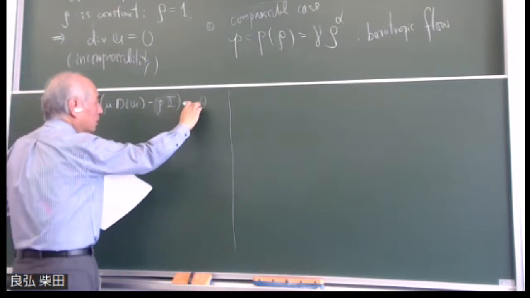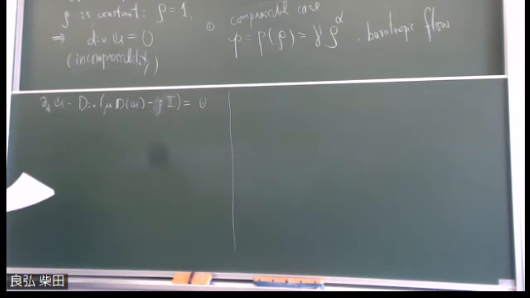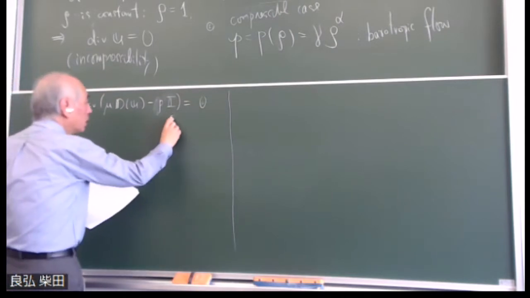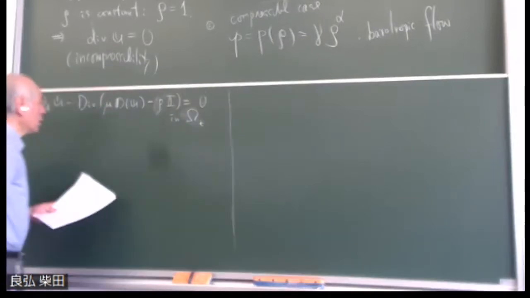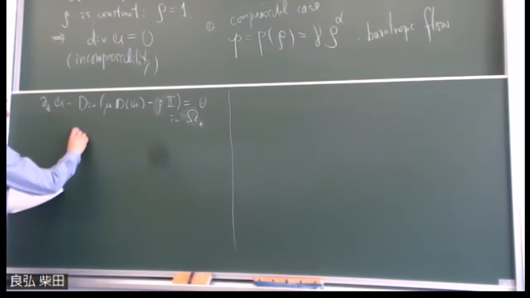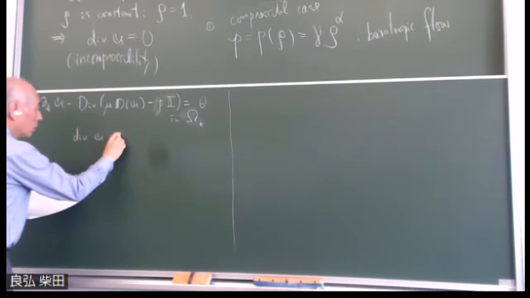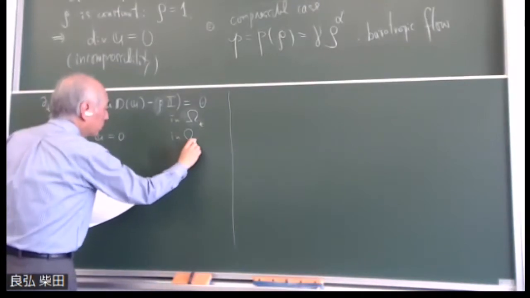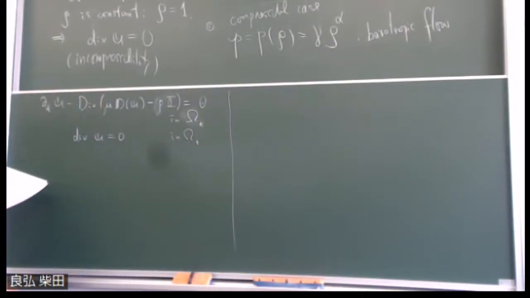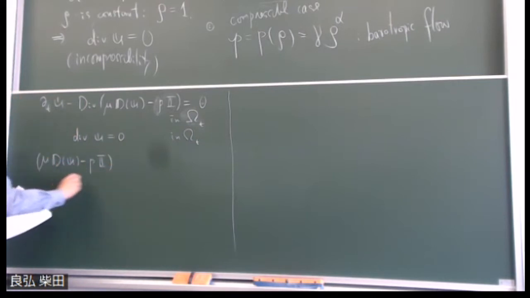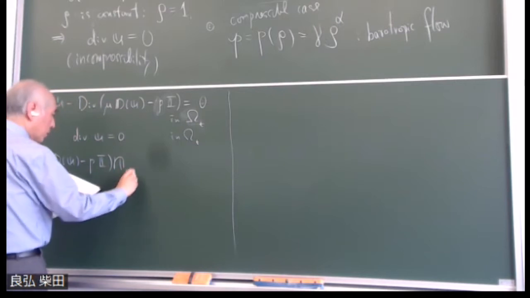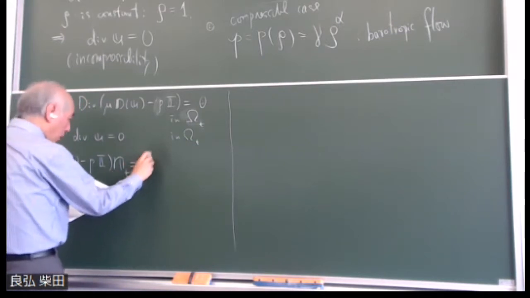But for simplicity, I consider only 0 here, in omega t. And now divergence u in omega t. And then the boundary condition is equal to external forces on the boundary.